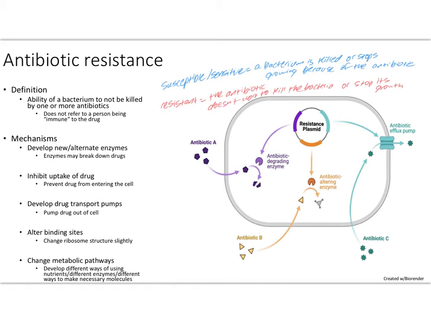For those of you that it is clear to, let's talk about what the mechanisms of antibiotic resistance are. When I say the mechanisms of antibiotic resistance, what I'm talking about is some kind of action that a bacteria takes to make it so that an antibiotic does not work to kill it.